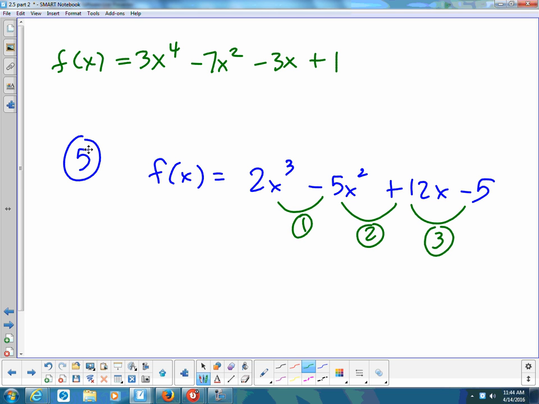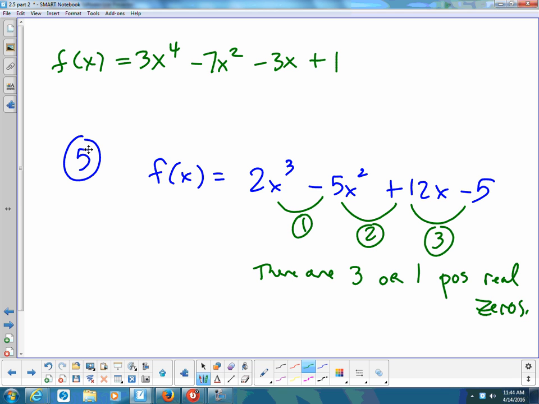So what is your conclusion that you would make here, Greg? There are either 3 or 1 zeros to the right of the y-axis. Okay, so 3 or 1 positive real zeros, meaning the graph is going to cross the x-axis either 3 times or 1 time to the right of the y-axis.